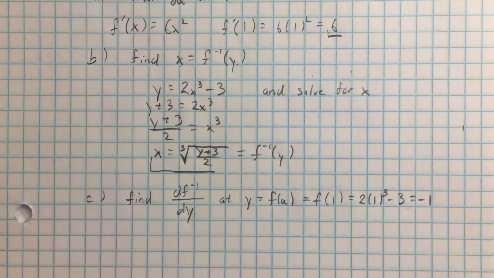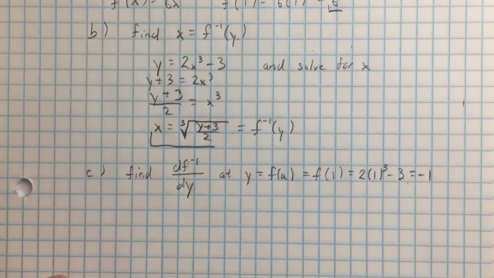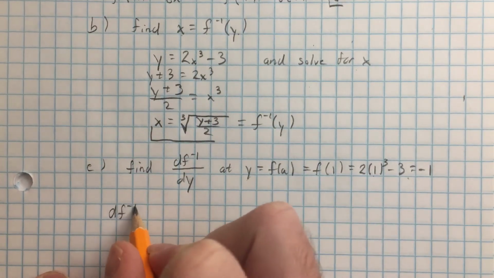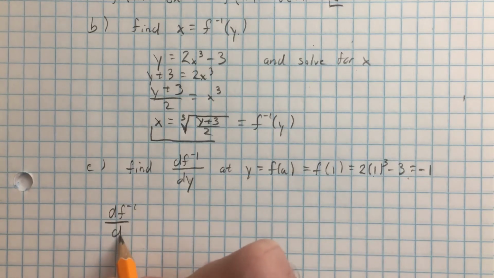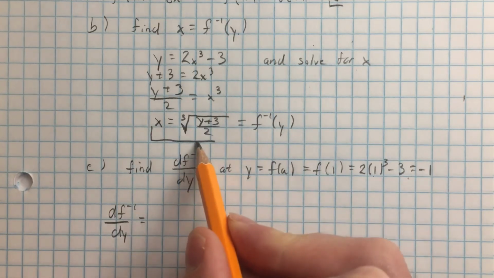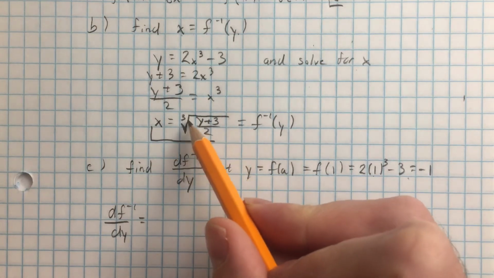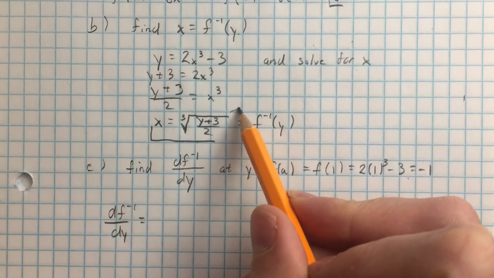So you need to take the derivative here. So df inverse dy. Looking back at our inverse rule, we'll always view these roots as powers. We're going to change this to a 1/3 power.